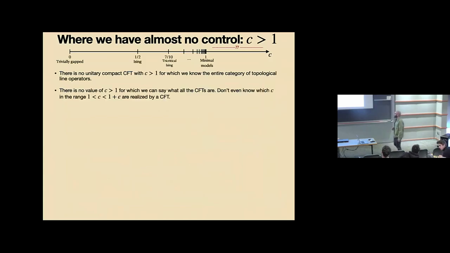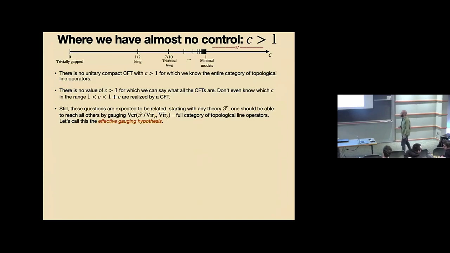And similarly, there's no value of the central charge where we've been able to completely carve out the conformal manifold of theories. In fact, the stupidest questions you might ask we don't know the answer to, like, is there a continuum of CFTs above c equals 1? Is there a gap? Is there a limit point? Extremely coarse questions we still somehow don't have access to.